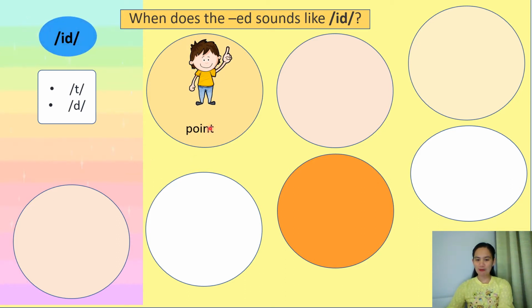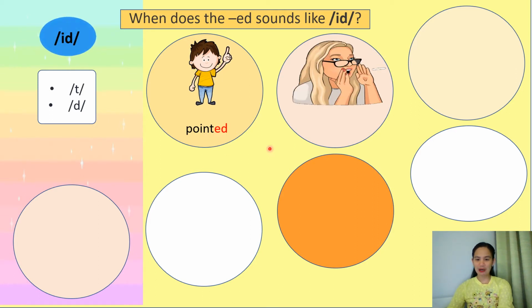So this simple form of the verb ends with a t sound. So this is the phonetic translation of the sound of t. So according to the rule, if the simple form of the verb ends with a t sound, the ed at the end sounds like id. So we're going to read this one as pointed.